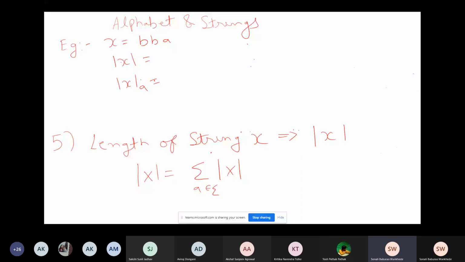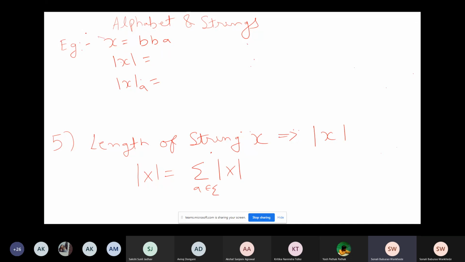I'm giving you a string x is equal to BBA, and I want to compute the length of x. So length of x is the total number of alphabets present in this string. What is the sequence here? BBA. How many alphabets are present in the string x?